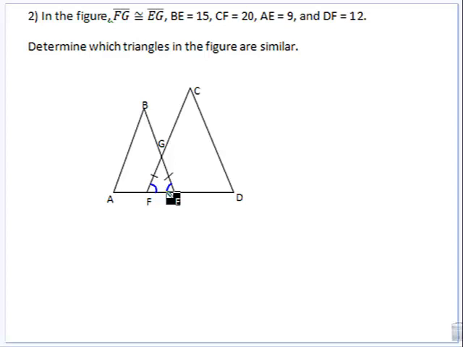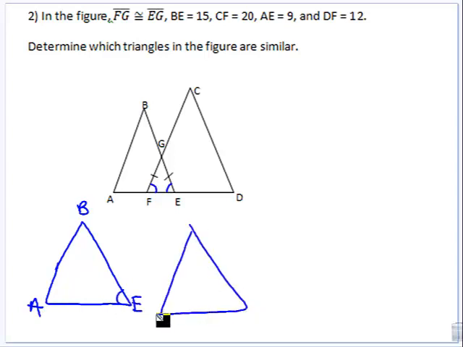So I'm going to take this triangle A, B, E, and I'm going to draw it separately from the other triangle, F, C, D. Okay, notice that E and F are still marked congruent.